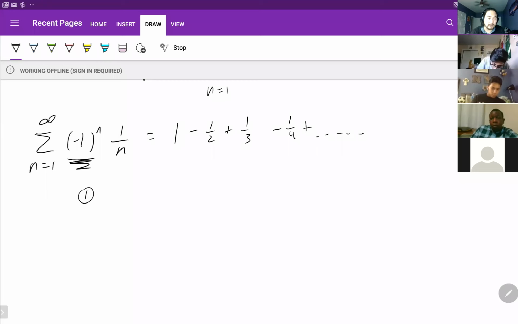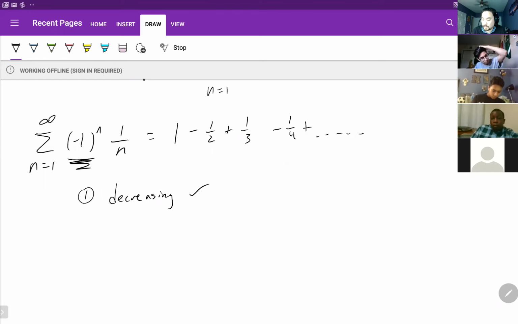So one, honestly, just like the integral test, you can just state this one, the decreasing one. So it is decreasing. You don't have to prove decreasing on this one. I think that's a little too much. You can clearly see that the terms are getting smaller and smaller.